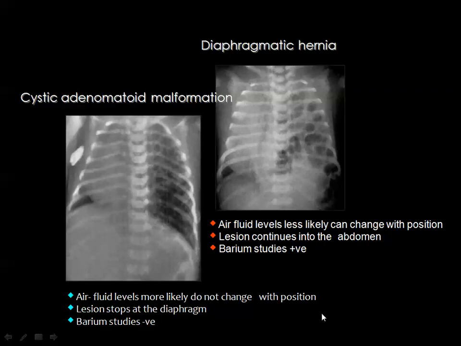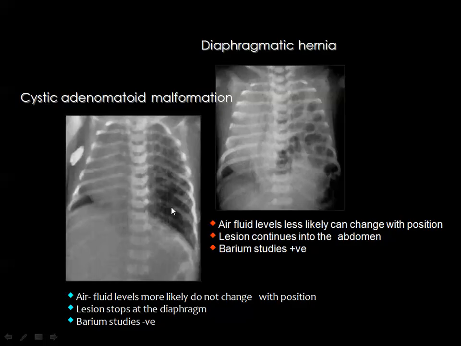One of the very common lesions that are frequently mistaken for congenital cystic adenomatoid malformation of the lung is the diaphragmatic hernia. The hernia is far more common compared to the cystic adenomatoid malformation of the lung.